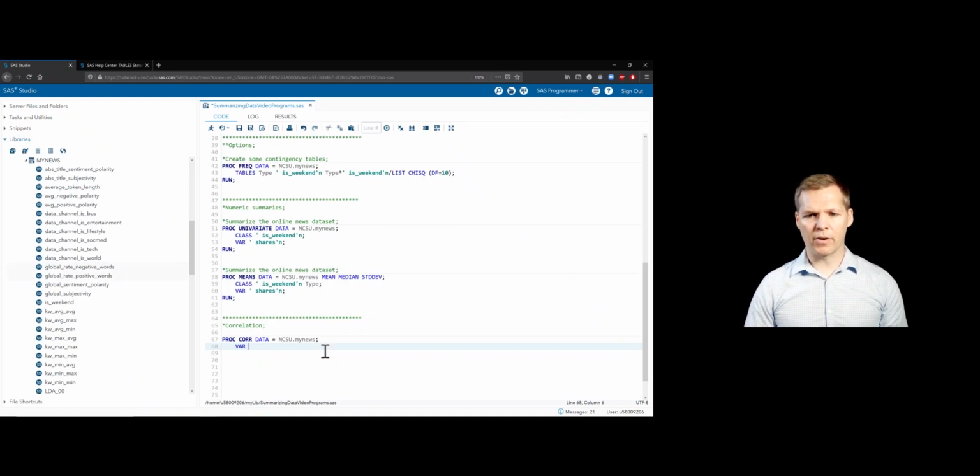So in this case, of course, shares is one variable that we care a lot about. But another one that we might care about would be perhaps the negative and positive ratings of these articles. So we could try to look at the correlation between the number of shares and how negative or positive the article is. So we'll include, if I can spell, negative polarity and average positive polarity.